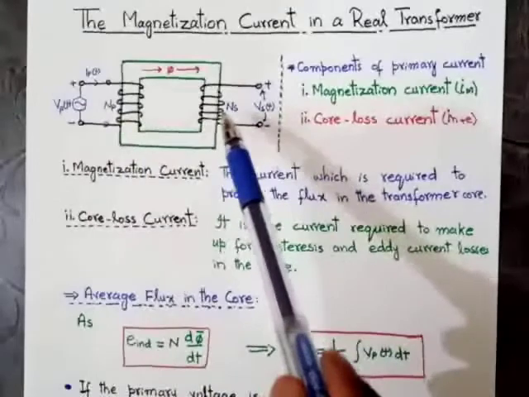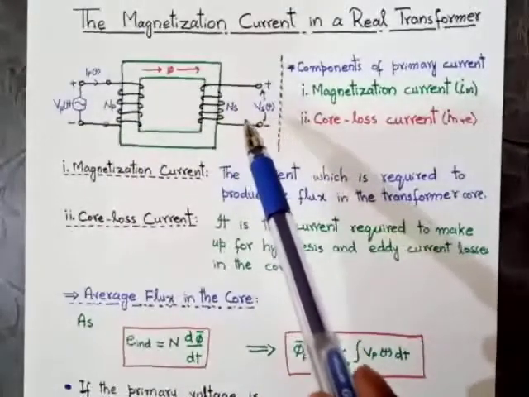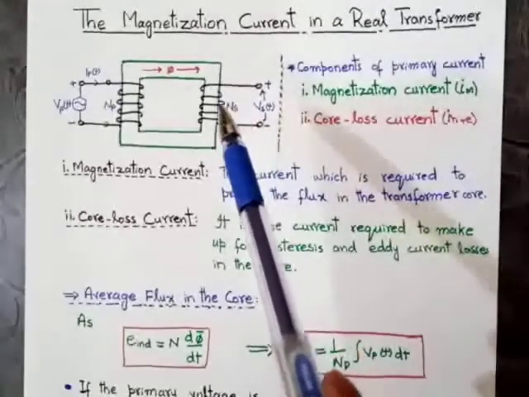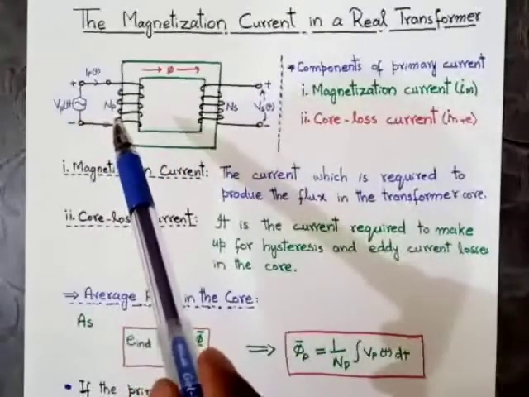Even though the secondary circuit is open, because there is no connection between secondary winding and primary winding.